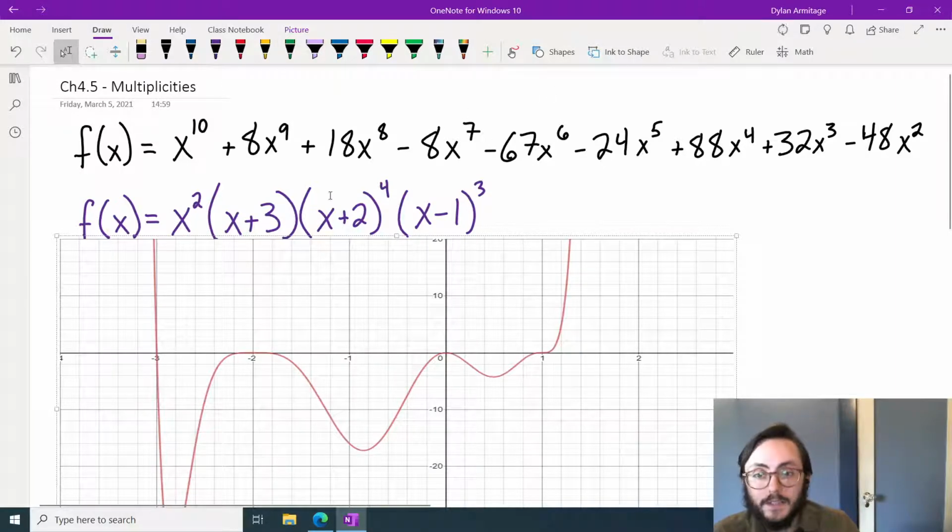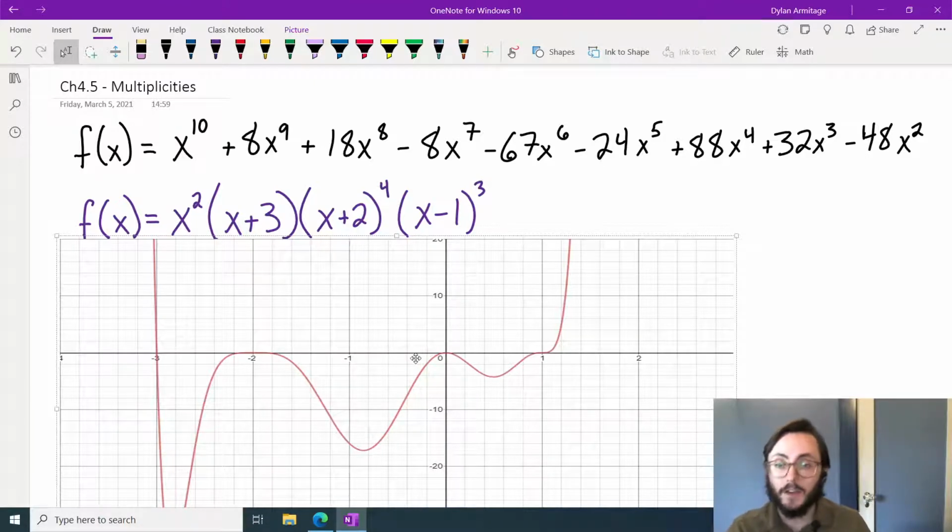And this graph here is the graph of that polynomial, both the standard form and the factored form.